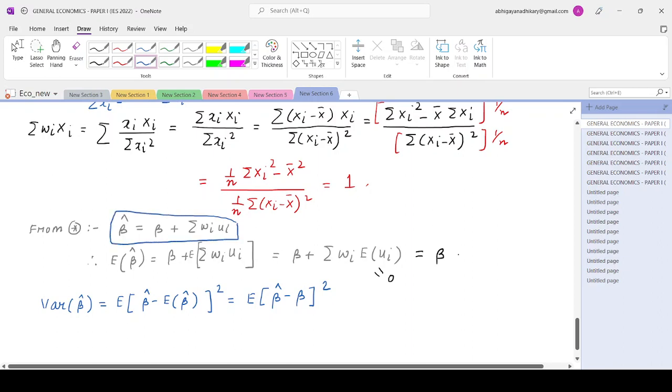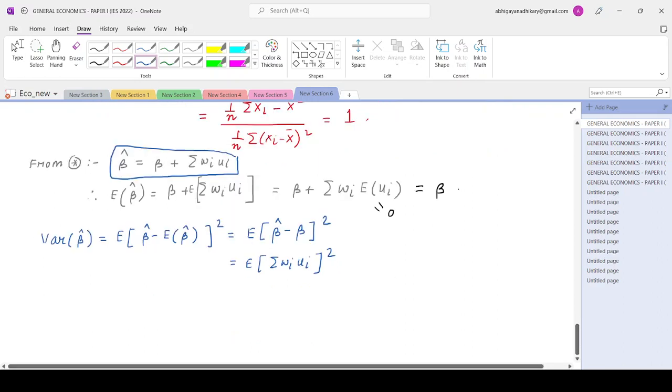Now look at this term right over here, this equation. Beta hat minus beta will be simply the expectation of summation wiui, and that whole square. So forget about the expectation part. How are we going to expand this summation wiui squared?